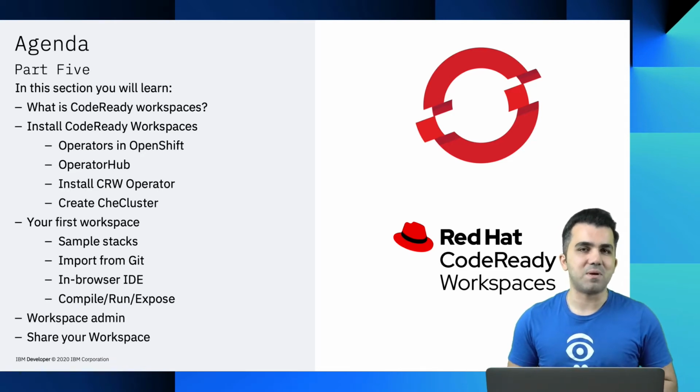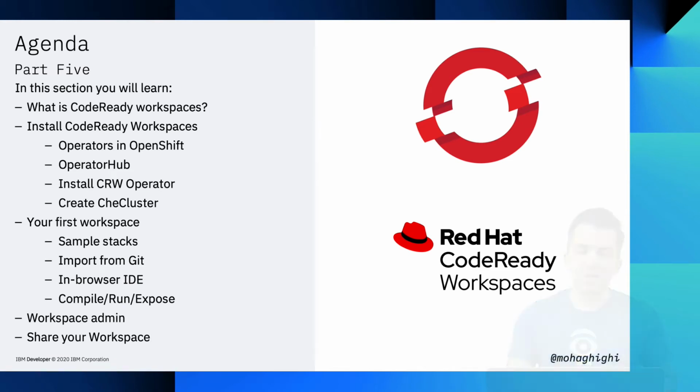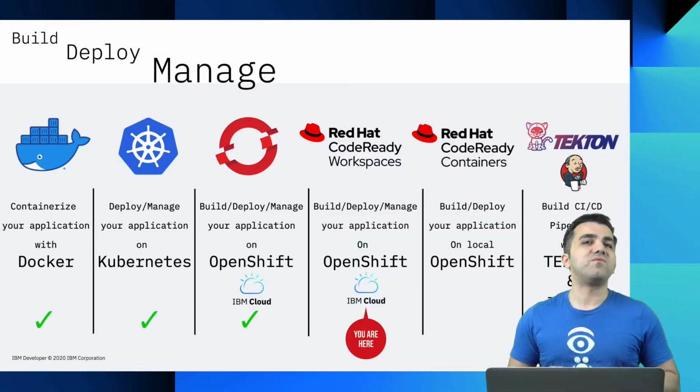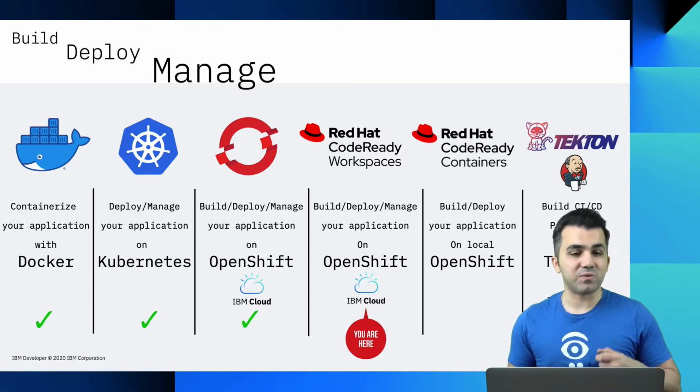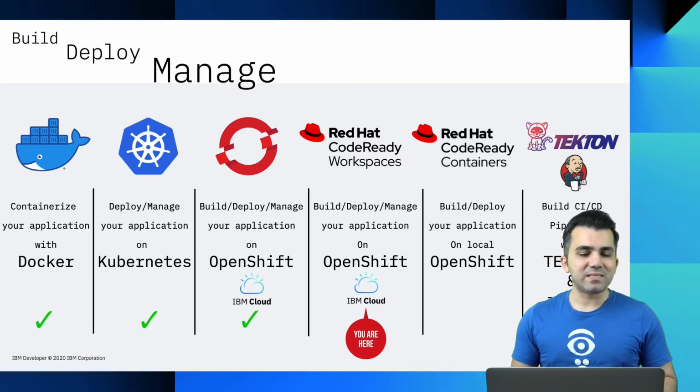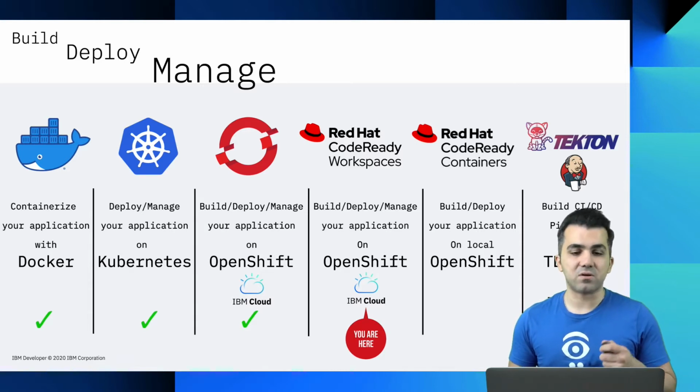Here's a quick revision of what we've learned together so far and how that fits into our learning journey throughout this course. We containerized our application with Docker, deployed and managed it with Kubernetes, and later we repeated the same steps with OpenShift CLI and console.